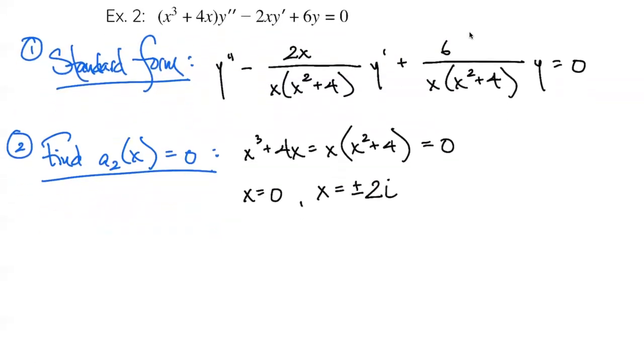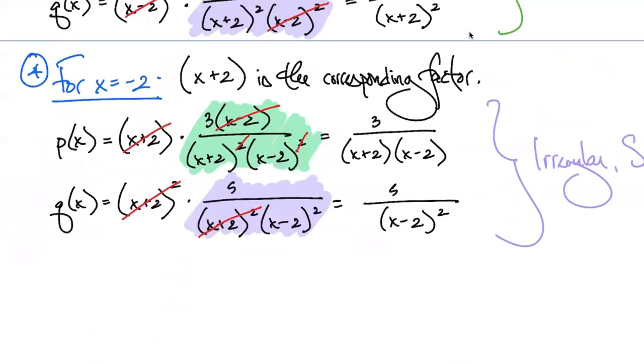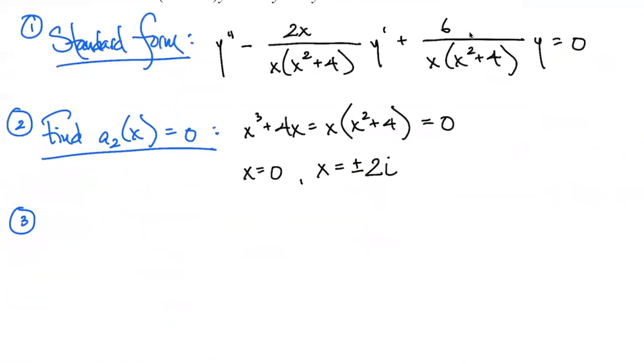So let's start by finding, how did I phrase this up here? Okay. So for x equals 0, let's find our p of x and our q of x.